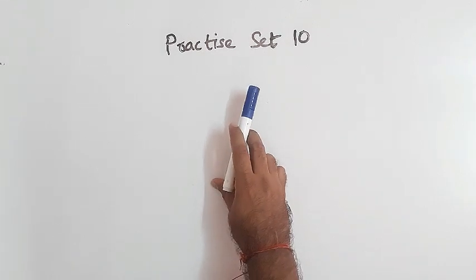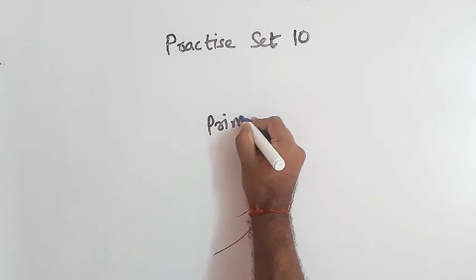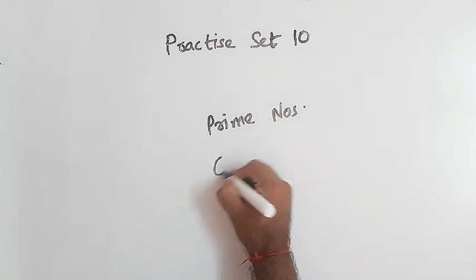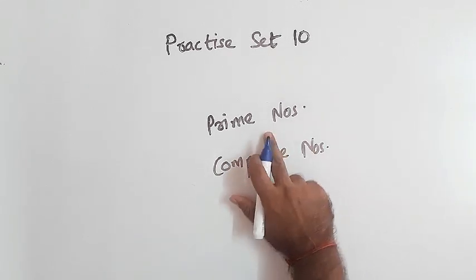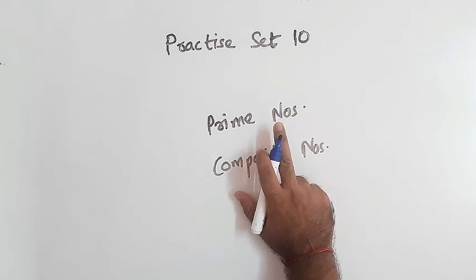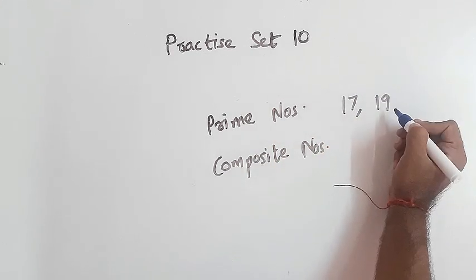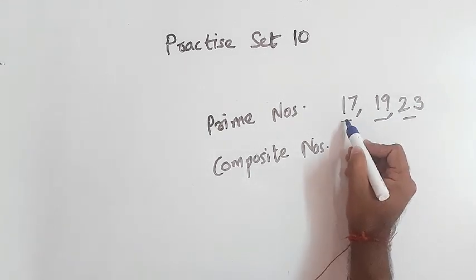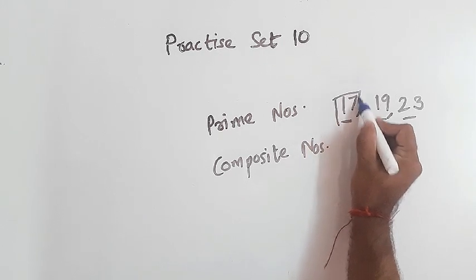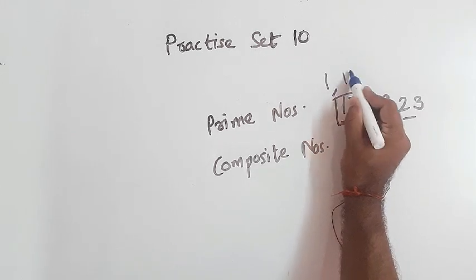Before we start practice set 10, let us be familiar with what prime numbers and composite numbers are. Prime numbers are the numbers which do not have any factor, like 17, 19, 23. Let me explain more simply. A number that doesn't come in any table except the table of 1 and itself.